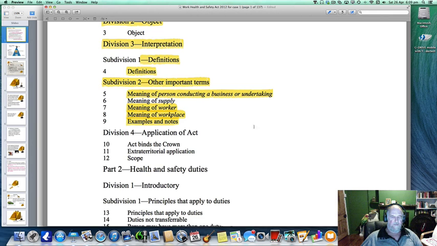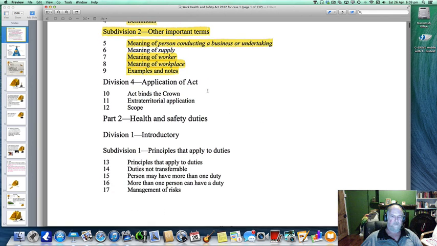Okay, so now go further down. What's the application of the Act mean? Well, in previous lectures we talked about this concept of a jurisdiction. The application of the Act is very important to know whether or not you're dealing with this jurisdiction.